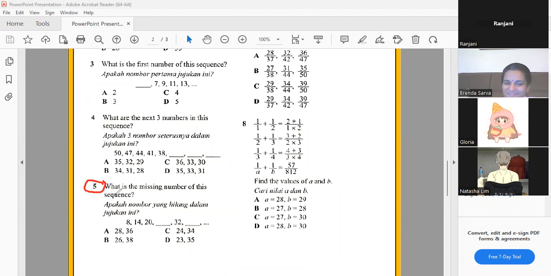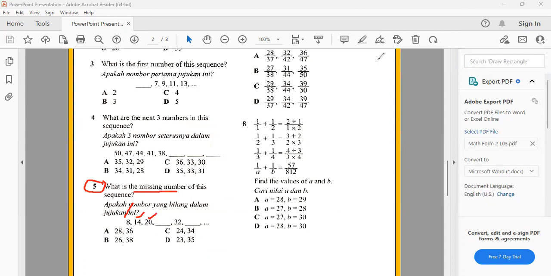All right, number 5. Gave you some time there. What is the missing number of the sequence? From 8 goes up to 14, then goes up to 20. Now, I would like to see you tell me in the chat, what is the pattern?